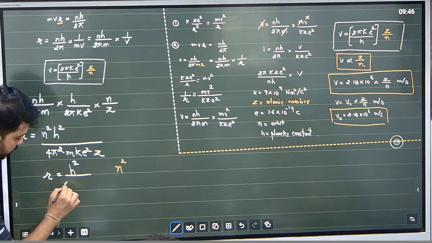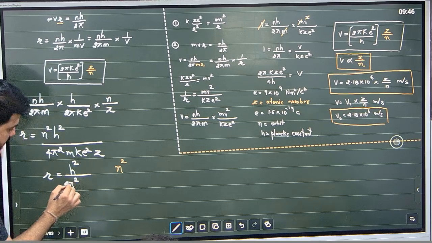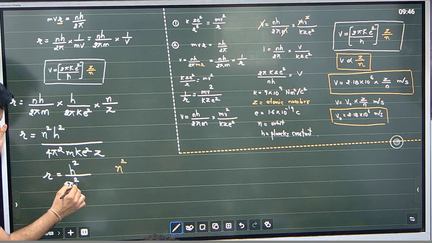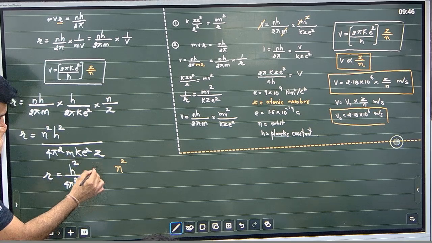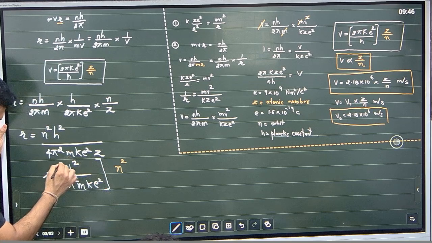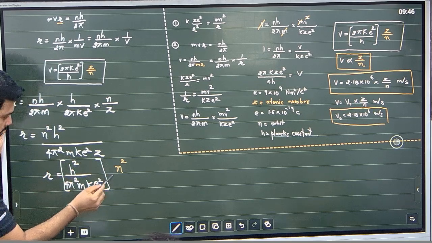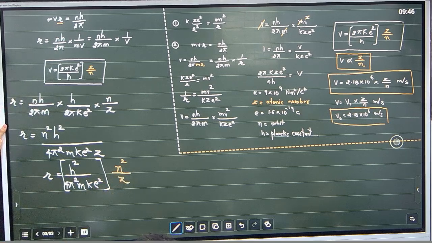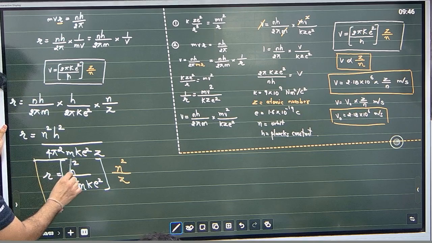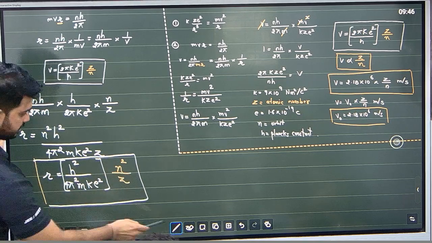Pi squared, m, K E squared, and you're left with this. This is the formula for radius.